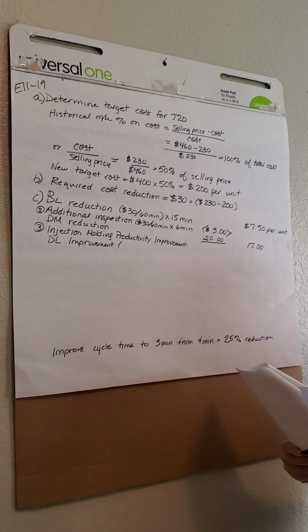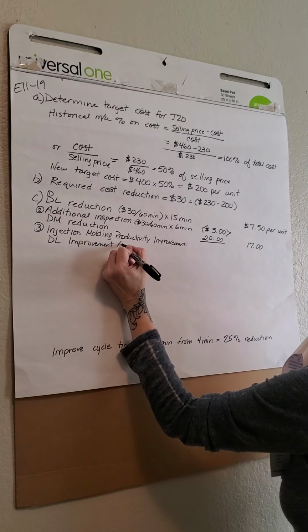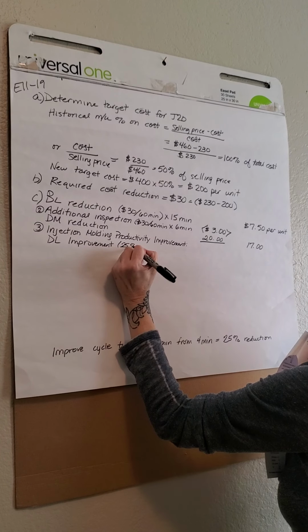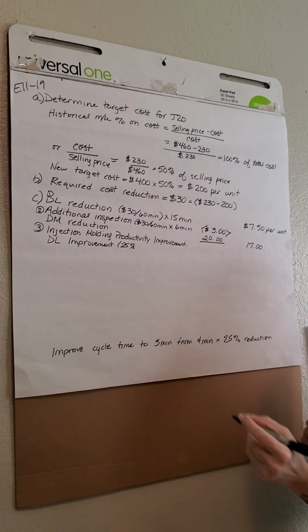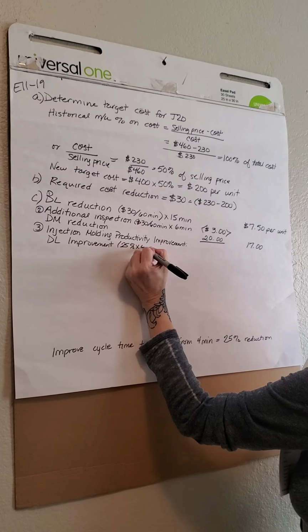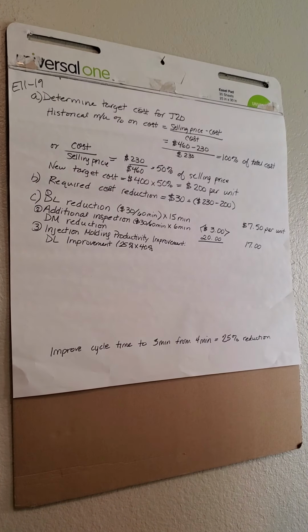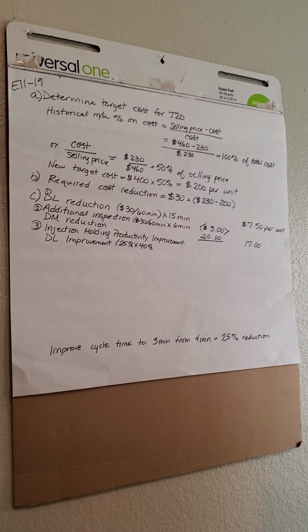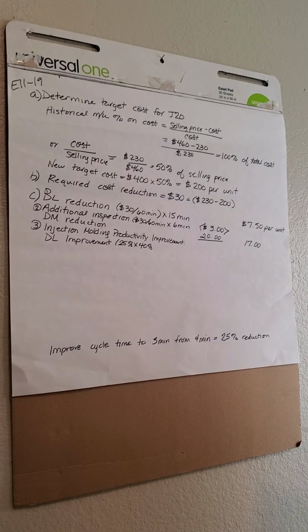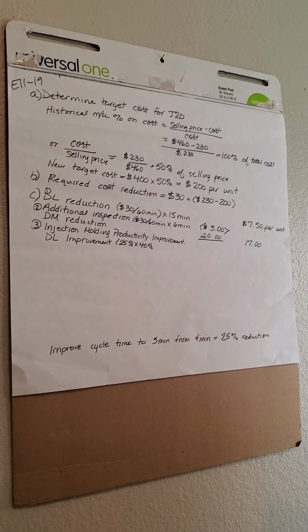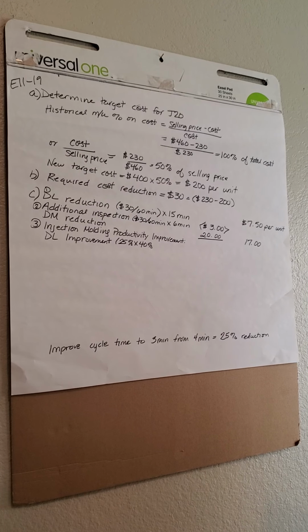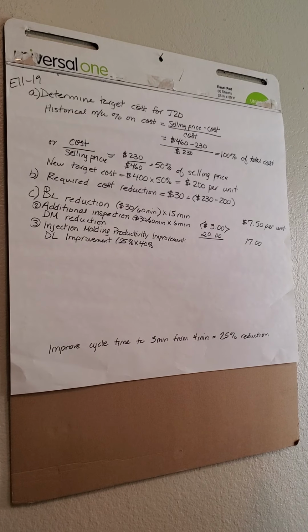And when we're doing our calculation here, we're going to take that 25% reduction that we calculated below. We're going to multiply that by the 40%, where the problem tells us that for the decrease in cycle time, in number 3, 40% of the direct labor and 48% of the factory overhead are related to the injection molding.